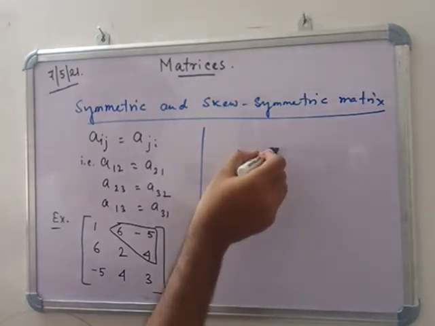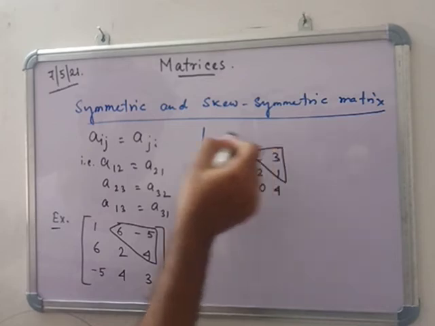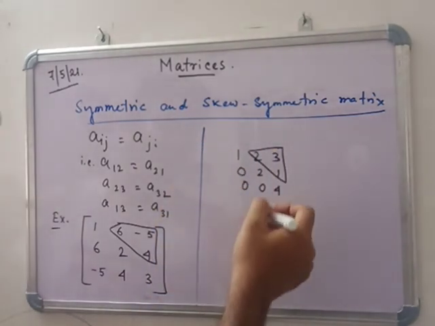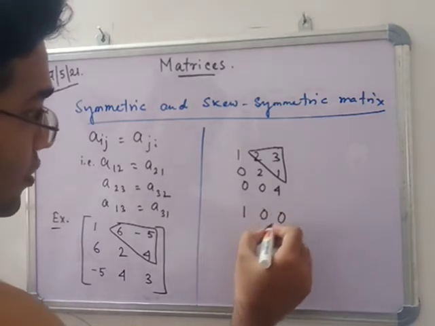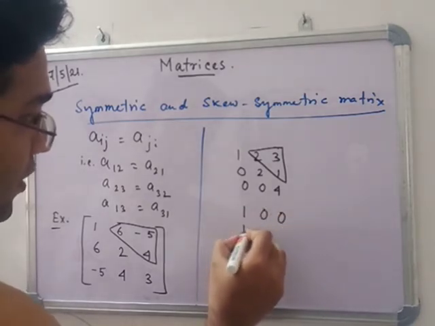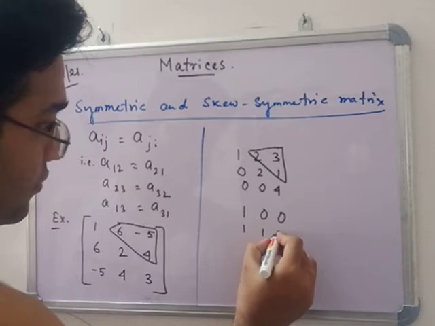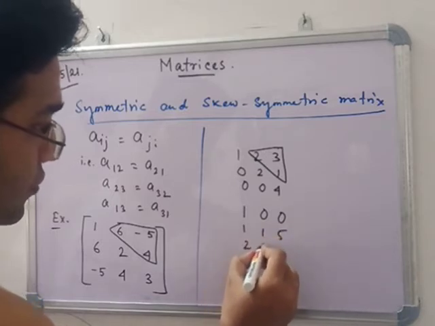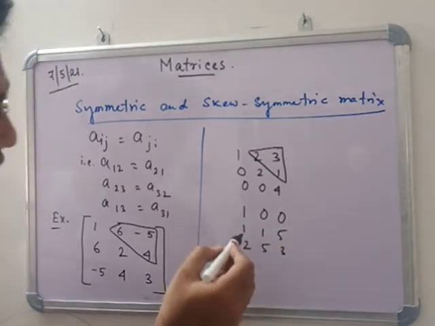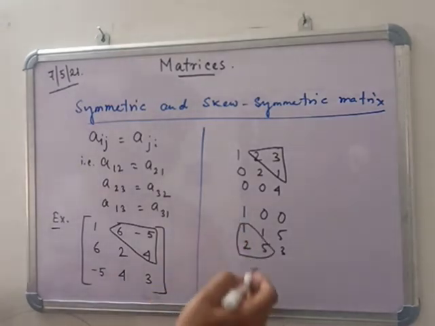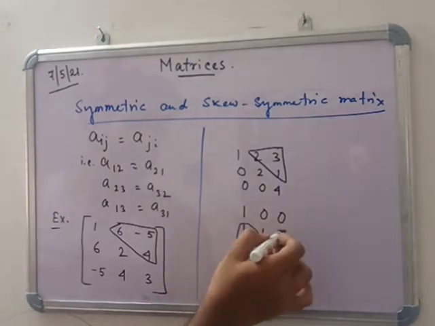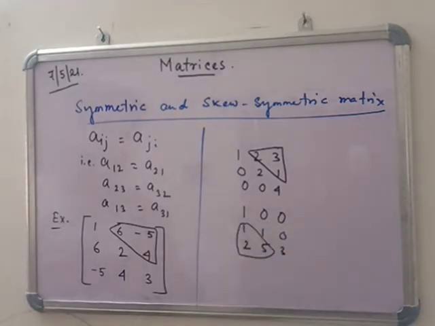This is an upper triangular matrix. For the same thing, a lower triangular matrix is 1, 0, 0, 1, 1, 5, 2, 5, 3. See that this is a lower triangular matrix, where the upper portion is 0.